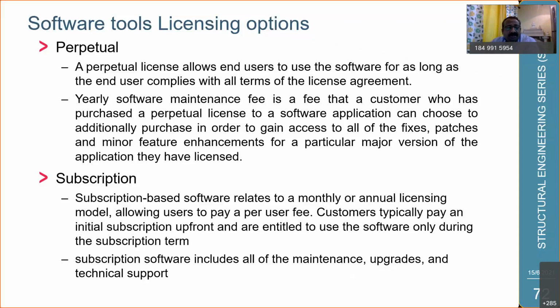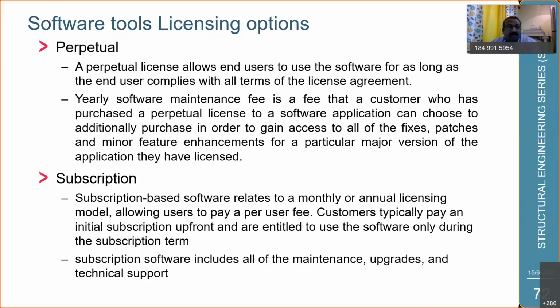And the subscription relates to a monthly or annual licensing model, allowing the user to pay a per-user fee. Customers typically pay an initial subscription upfront and are entitled to use the software only during the subscription term. Most of the time, the software licenses we buy are put in the cost of the project. So subscription is the option, or the perpetual.